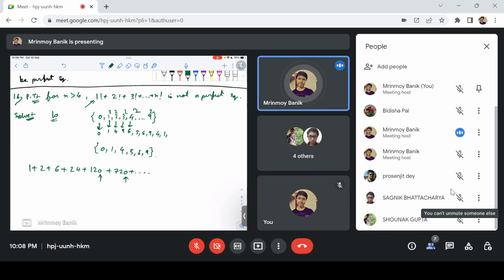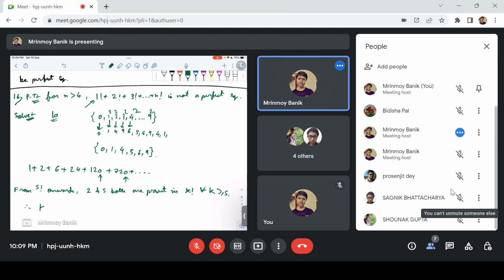So that's easy, since from 5 factorial onwards, 2 and 5 both are present in k factorial for all k greater than or equal to 5.